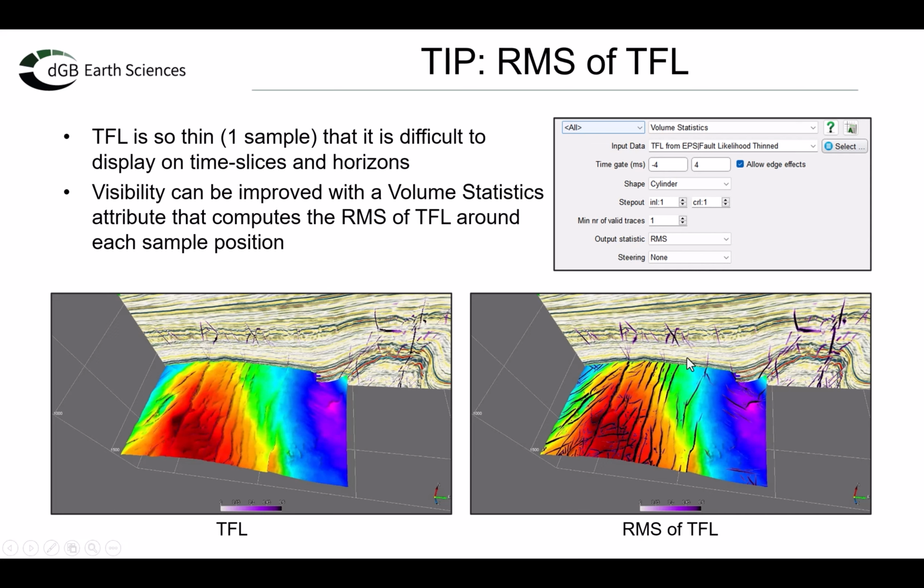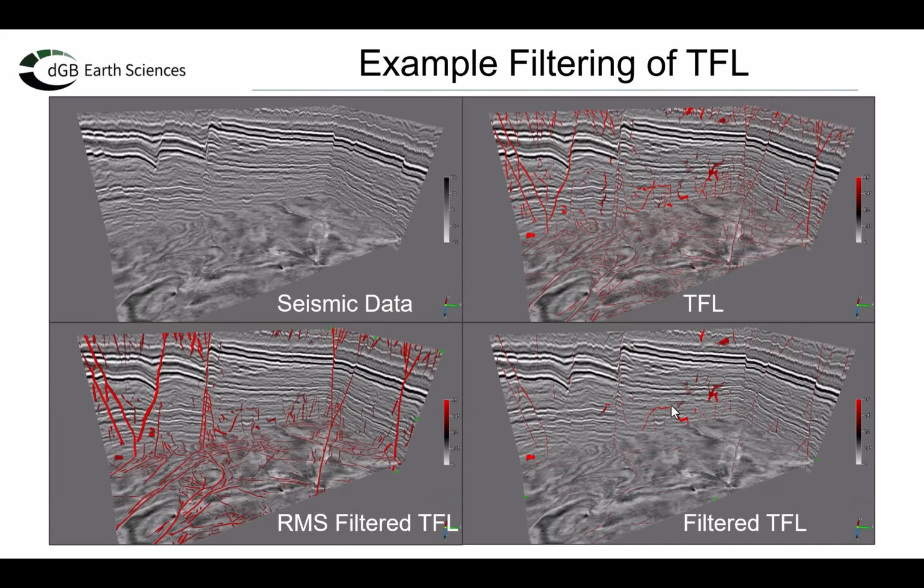And then we use this trick. We use our attribute engine to beef up the TFL values again by computing an RMS in a very small volume surrounding each TFL value. And that gives very nice displays in the horizontal slice domain.